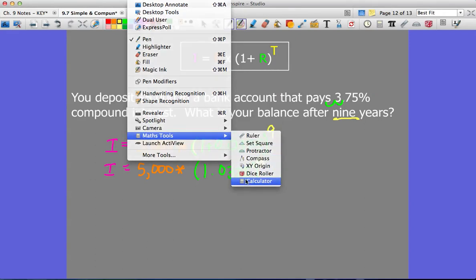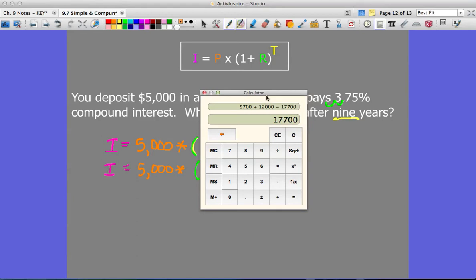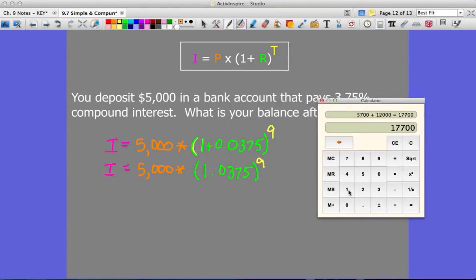Now I need to get my calculator, and I am going to take my 1.0375, and I can't square it. I have to multiply it by itself 9 times. That's pretty lengthy, so since I don't have a button for that here, I'm just going to have to do that times itself 9 times.